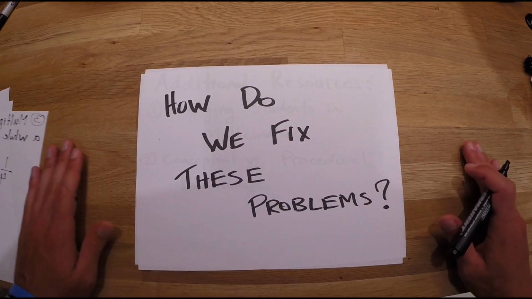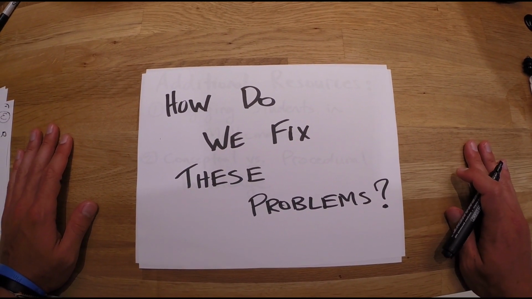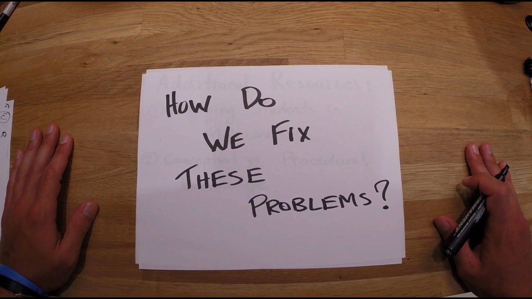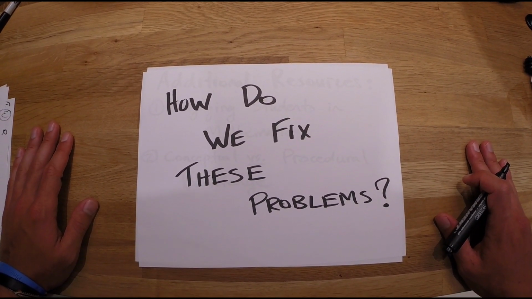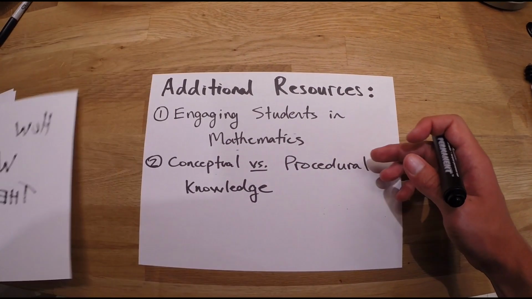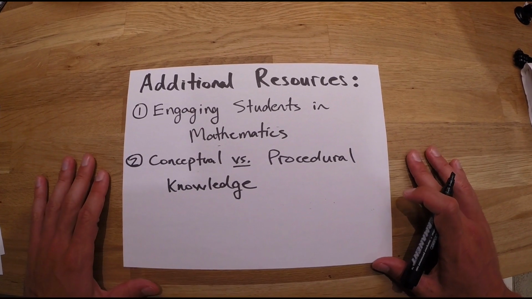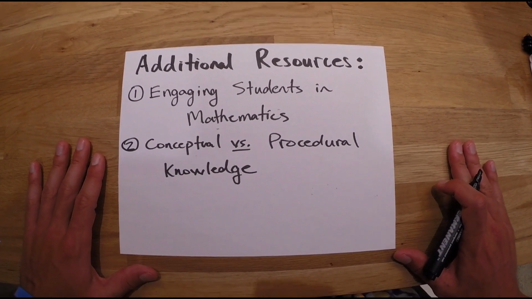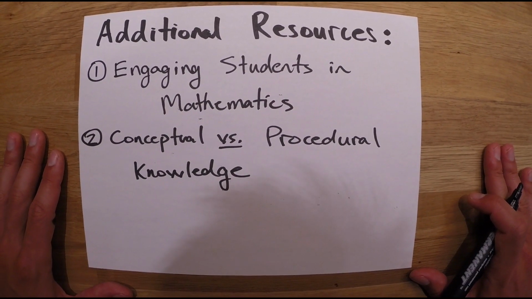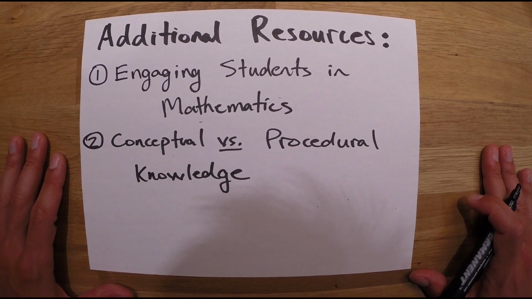So the question then becomes, how do we fix these problems? We don't want to solve just these discrete questions that these students have, but rather instead we want to get them to those higher levels of Bloom's taxonomy. We want students to synthesize, to evaluate, and to analyze the information that's given to them rather than just answering these small, discrete questions.